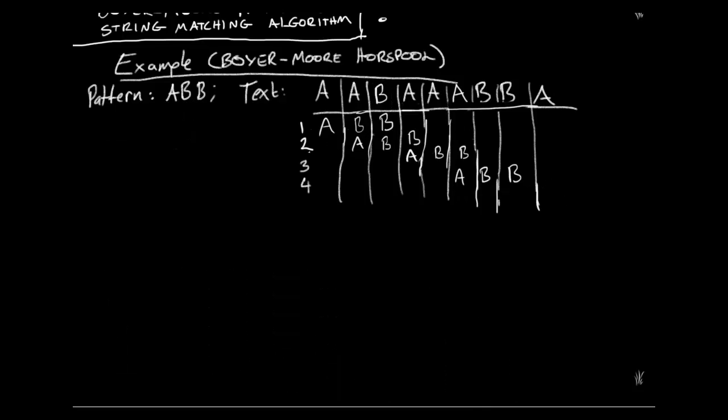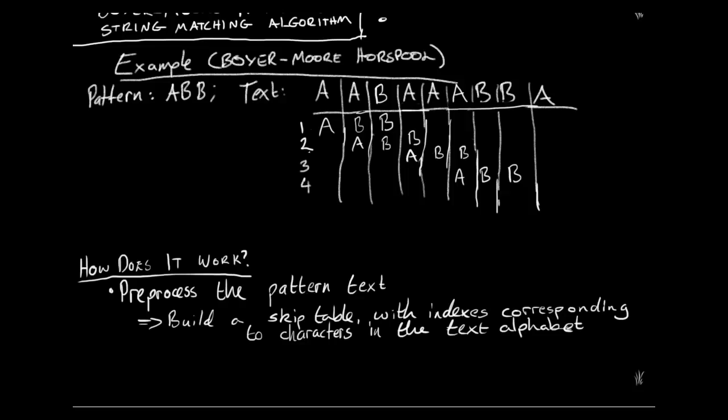So how does this actually work? How do we actually decide how far to skip ahead when our pattern does not match in the text? We pre-process the pattern text and we build a table for each character in the alphabet. And for each character in the alphabet we skip a different amount.